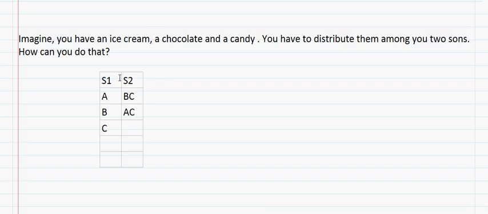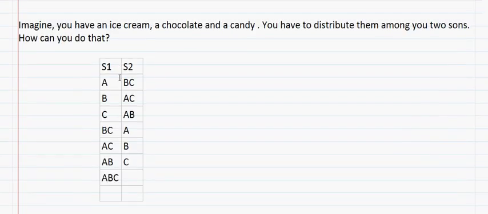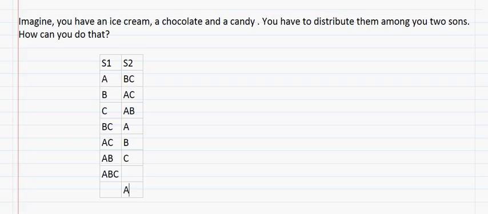He would get C, the other would get AB. So these are the first 3, and then opposite to this, he would get BC, the other would get A, he would get AC, the other would get B, and finally he would get AB and the other would get C. Then one would get all the 3 and the other none, and the other would get all the 3 and he would get none. So how many ways? 1, 2, 3, 4, 5, 6, 7 and 8, right? So there are 8 ways.